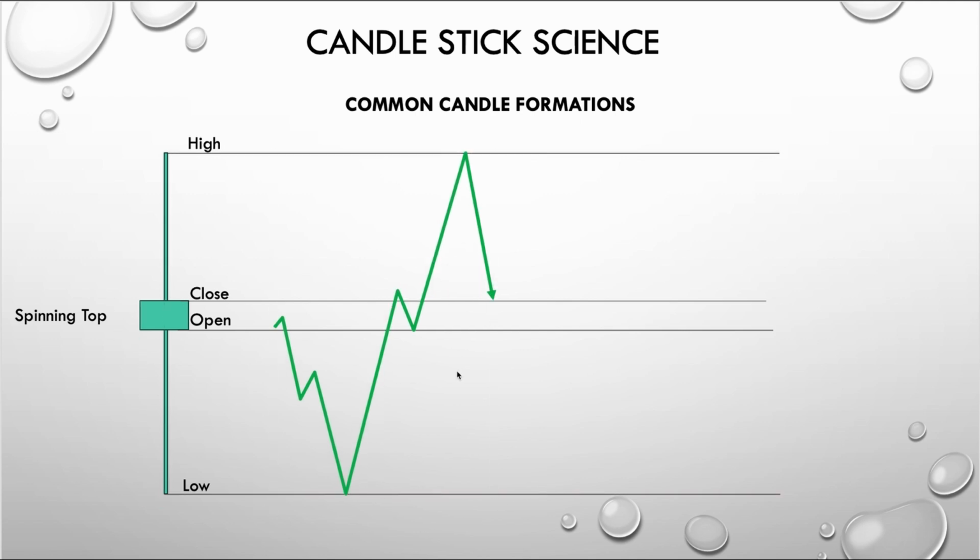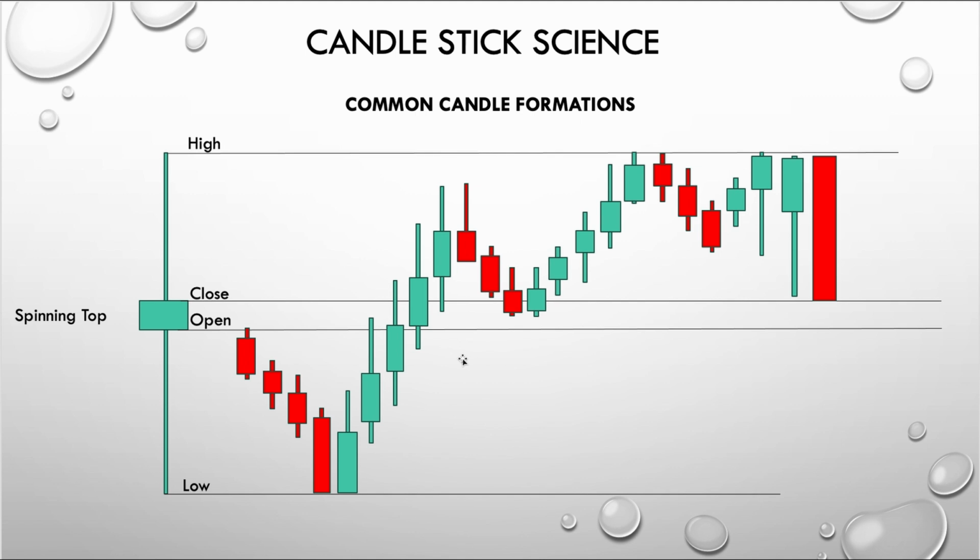So when we look at its inside structure, it looks something like this. It opens here and it can go down to create this wick over here to create the low, and then it will go up. The buyers will take charge again from here and push the price up, creating this kind of bullish structure. Then the sellers will come in again and try to push the market down.